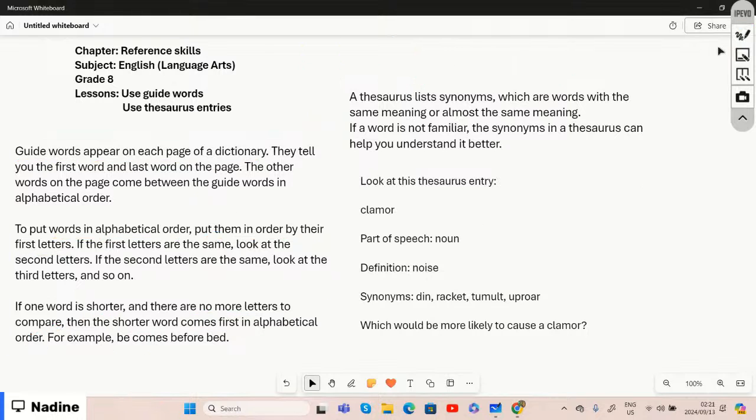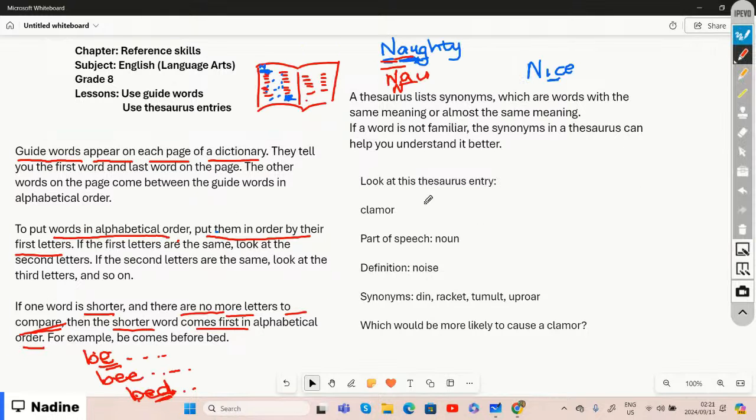So a thesaurus lists synonyms, words with the same meaning or words with almost the same meaning. That's a thesaurus.